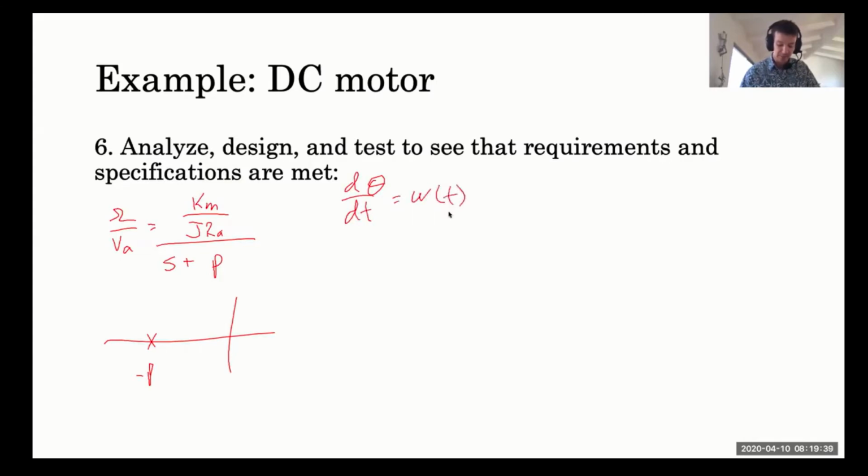But actually, you're not hosed because you know that position, theta, if you differentiate it, gives you your speed in the time domain. And all we have to do is take the Laplace transform of this relationship, and then we get S times big theta equals big omega of S, assuming zero initial conditions.